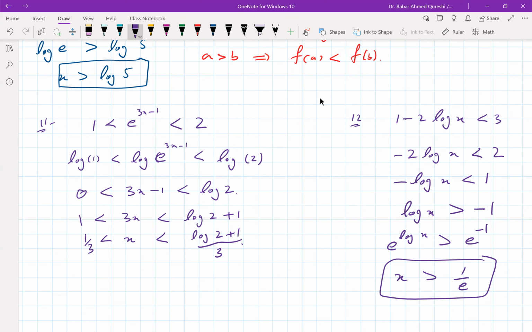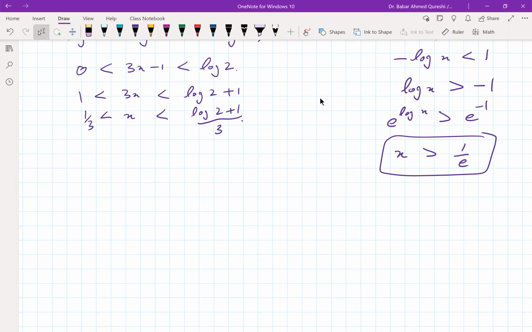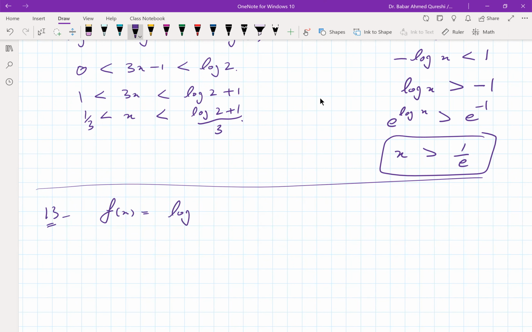Now we can do some finding domains of log functions, and finding inverse. So suppose you are given this, find domain and inverse.